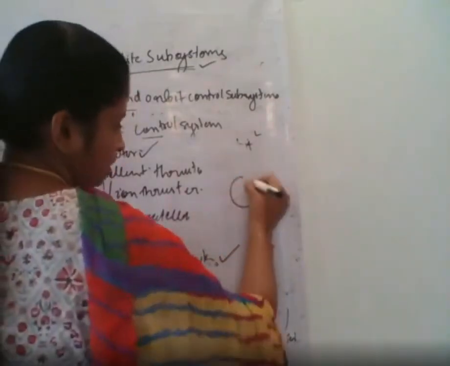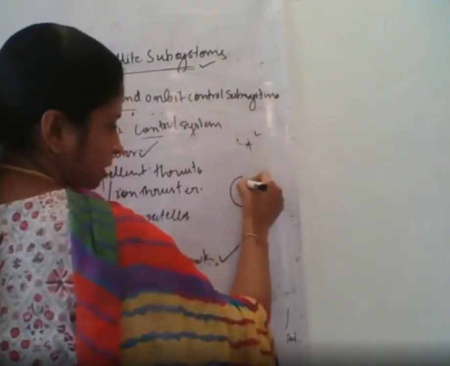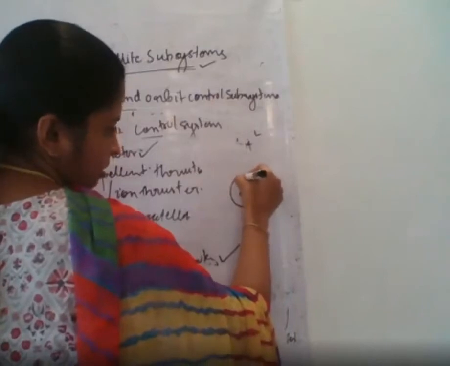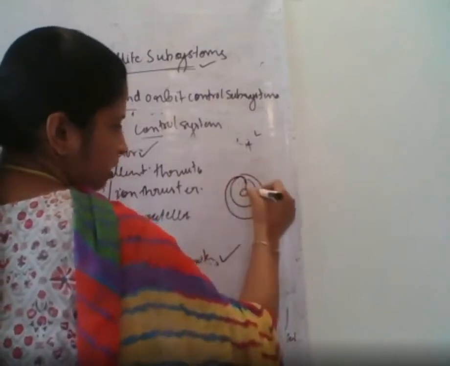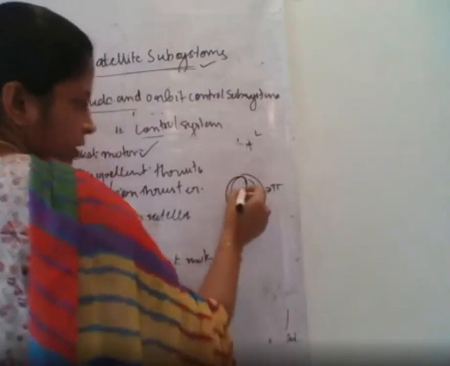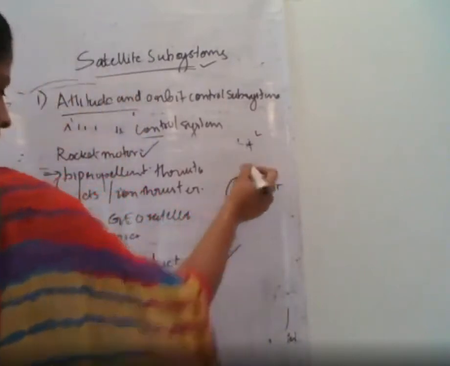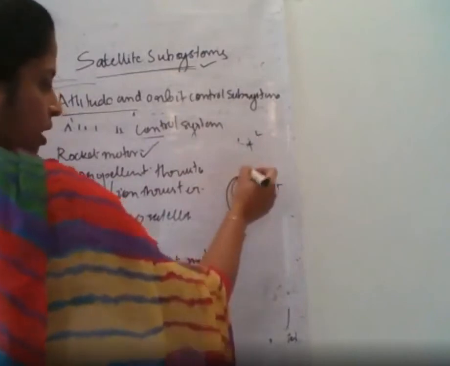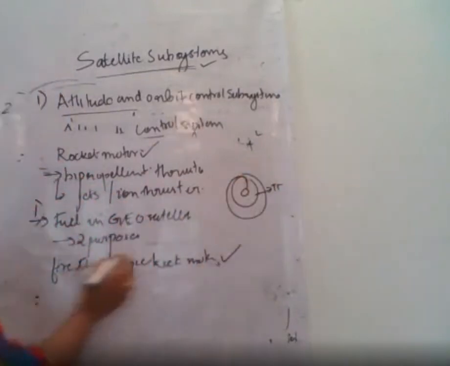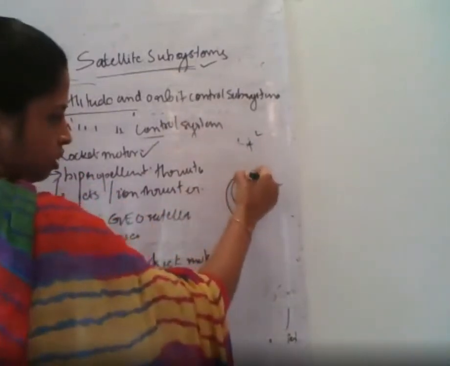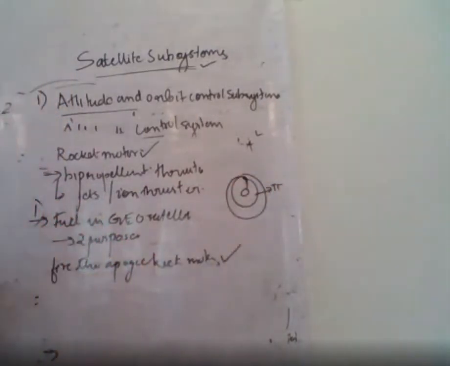So first we place the satellite in a transfer orbit. At the transfer orbit, at the apogee point, the motor gets fired. So fuel is needed for this firing purpose.